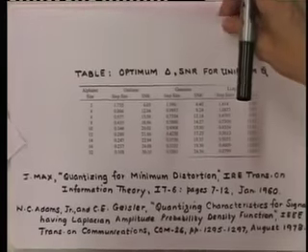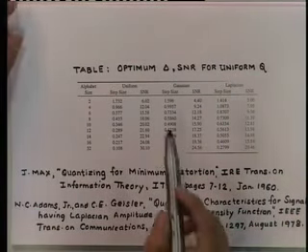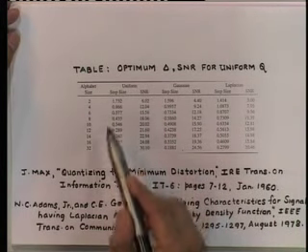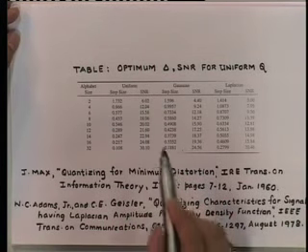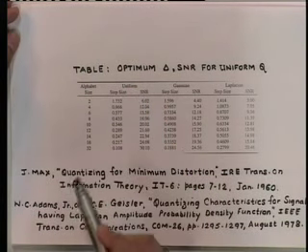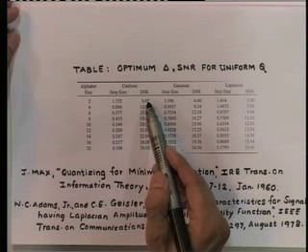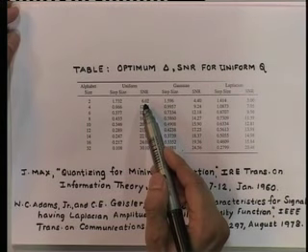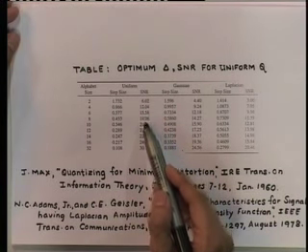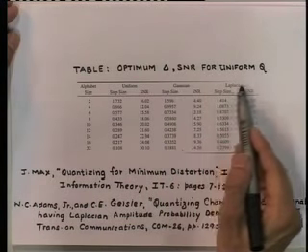Now, coming back to the earlier table, this table shows that although the SNR for the uniform PDF follows the rule of a 6.02 dB increase in the SNR for each additional bit, this is not true for the other PDFs.